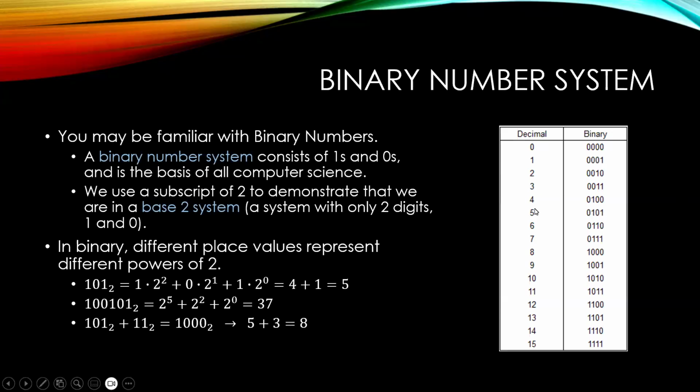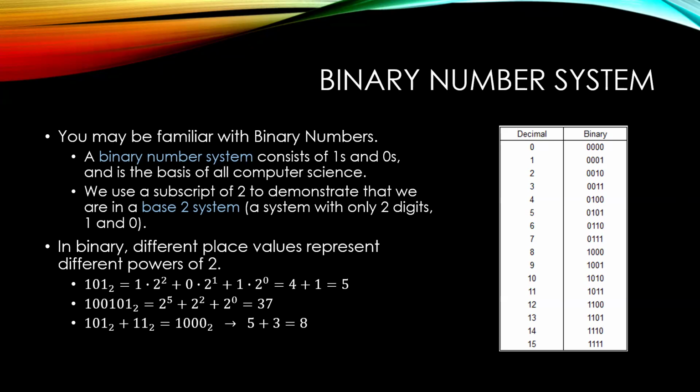So we see 101 is equal to 5. For this one, we have 1 in this position, which would be the 2 to the 5th. Then we have a 2 squared, and then we have a 2 to the 0. And so 2 to the 5th plus 2 squared plus 2 to the 0, this number corresponds to 37.